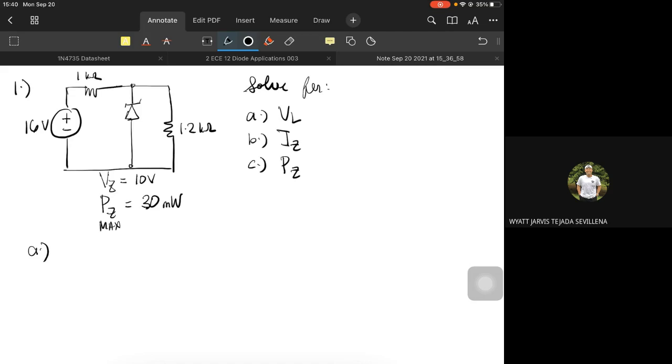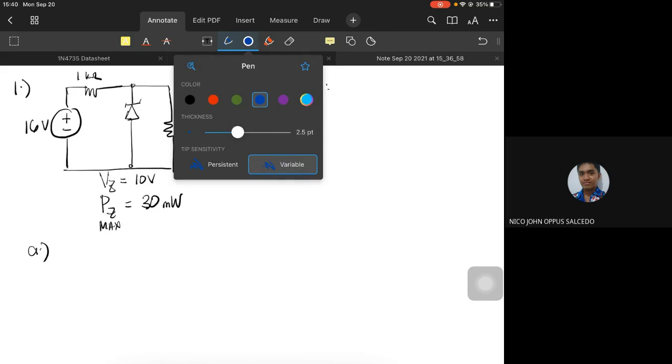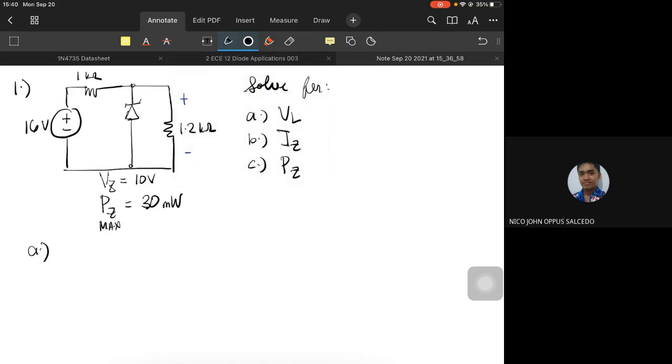What formula do we use to solve for the voltage across here? Voltage divider, sir. Okay, thank you. Voltage divider. So, yes, V2 is equal to Vs times R2 over R1 plus R2.